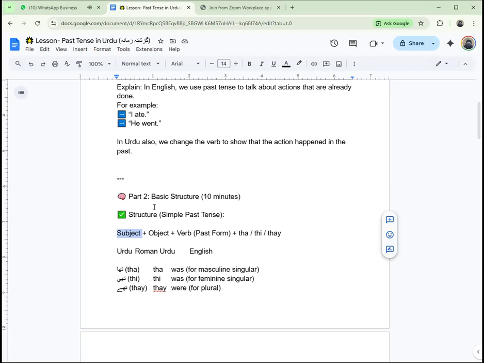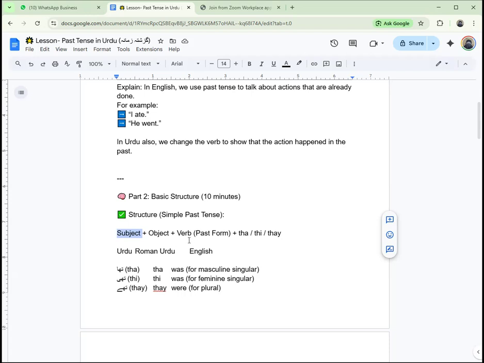On the second place we use the object in Urdu. This is the difference between the English sentence structure and the Urdu sentence structure. Mostly we use the object at the end in English sentence structure, but in Urdu we use the object right after the subject.